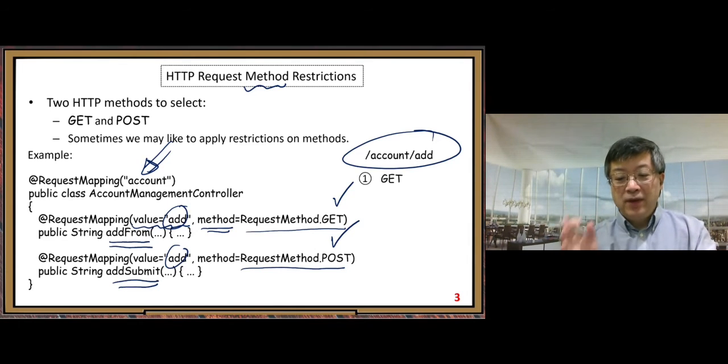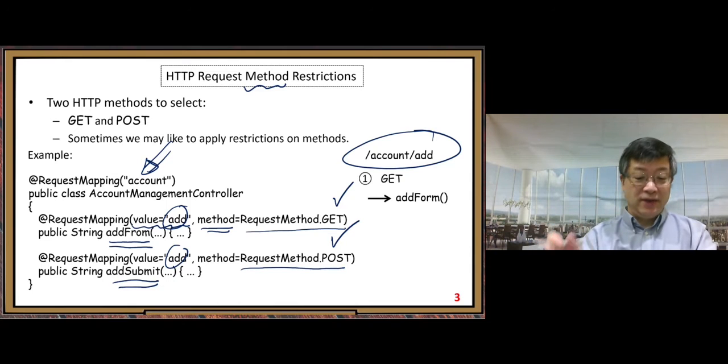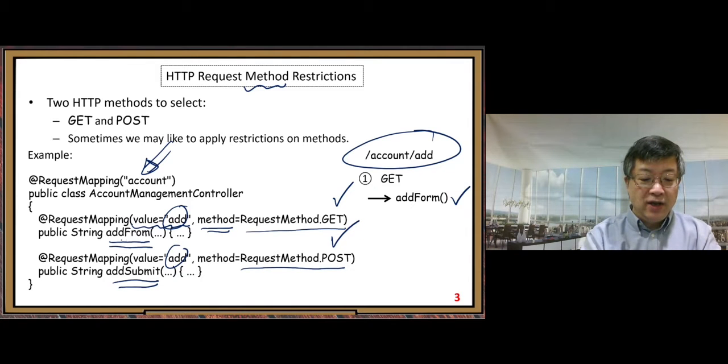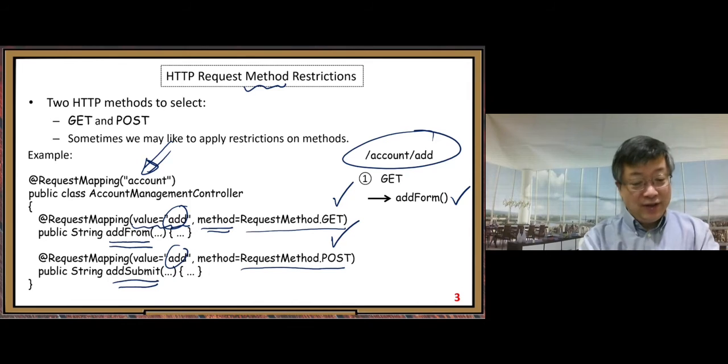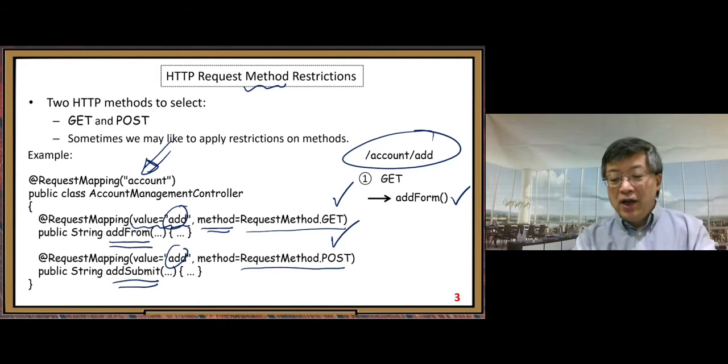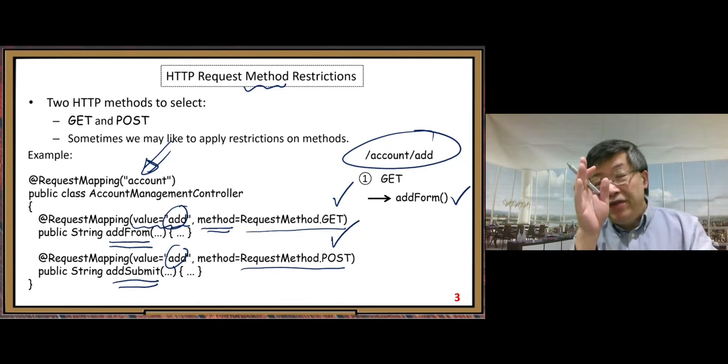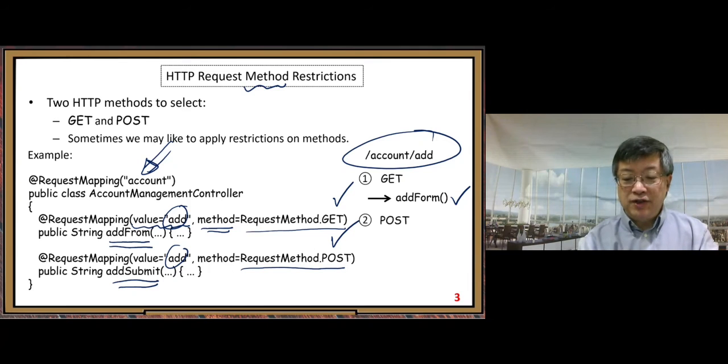Case one, using the get method, so the first add a form. Oh, yeah, the name is different, sorry. I remembered saying the same name, but they are different names. The add a form method is called in the first case.